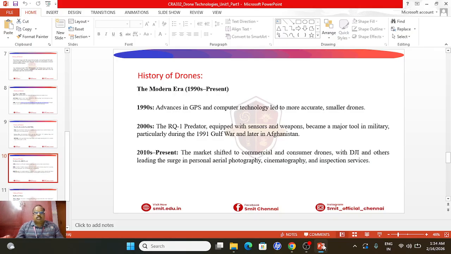From 2010 to the present, the market shifted to commercial and consumer drones with DJI and others, leading to a surge in personal aerial photography, cinematography, and inspection services.